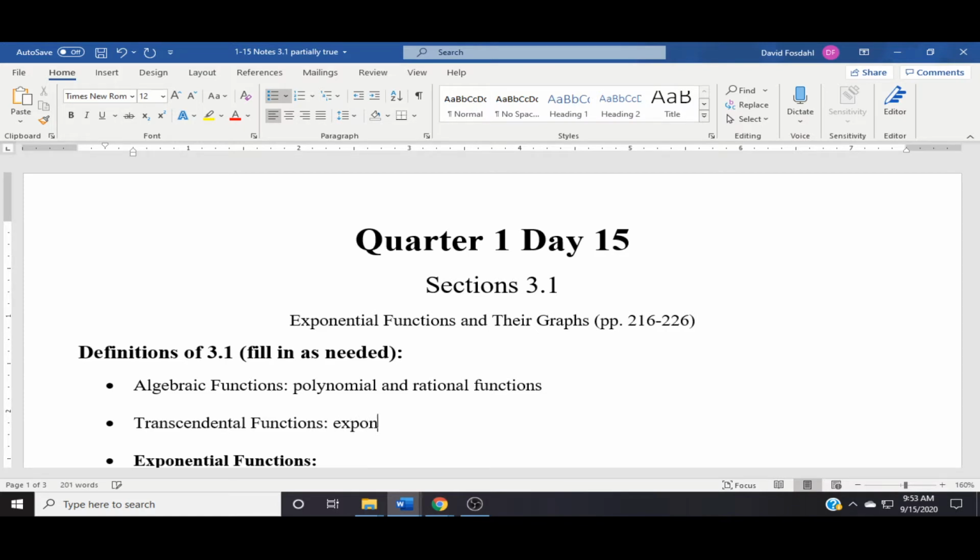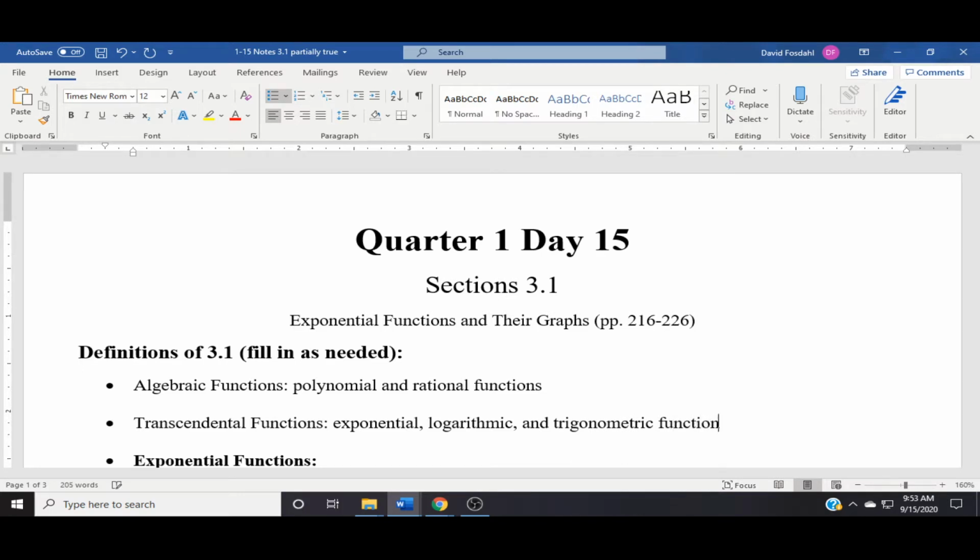This is exponential, logarithmic, and actually, and technically, trigonometric, and others. There's others.